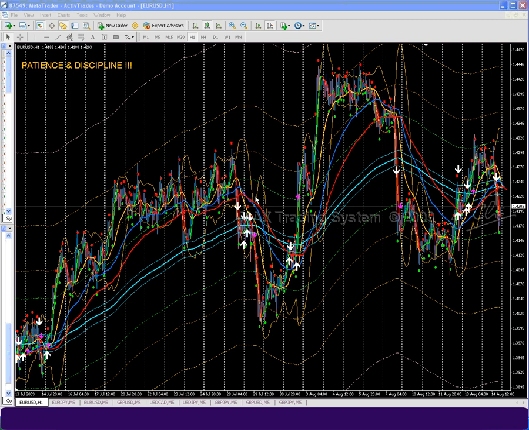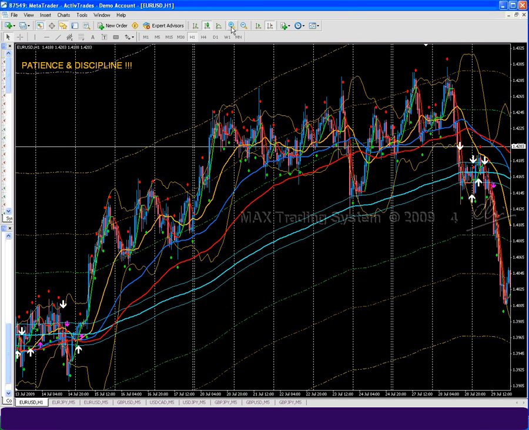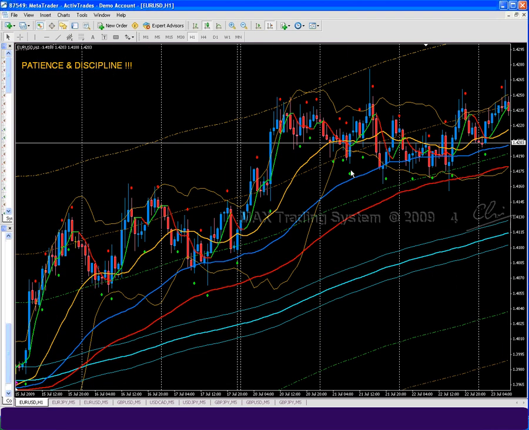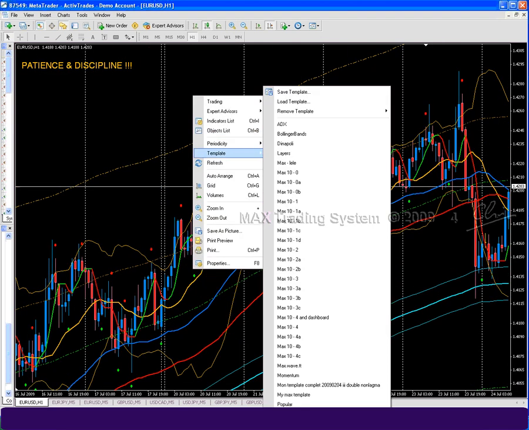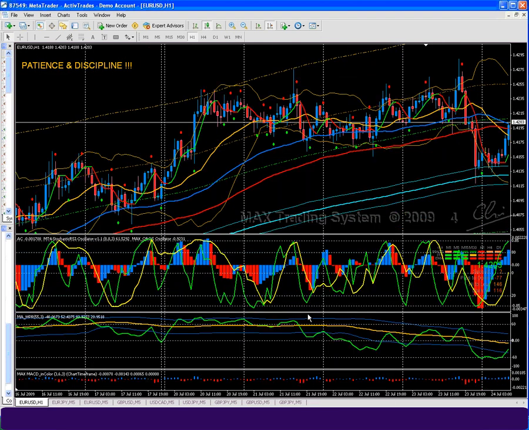But how can you use these Fibonacci levels, the Tiger tunnels? We call them the Tiger tunnels. And now let's go to the usual look of our chart, and let's put the standard templates on the chart.